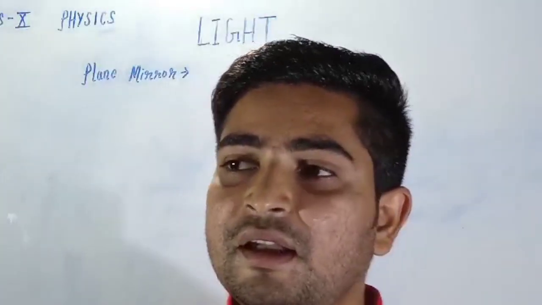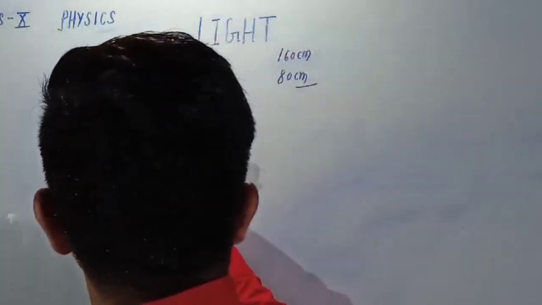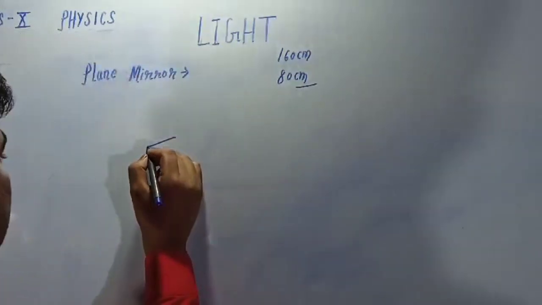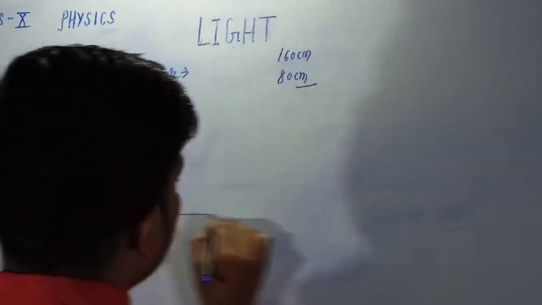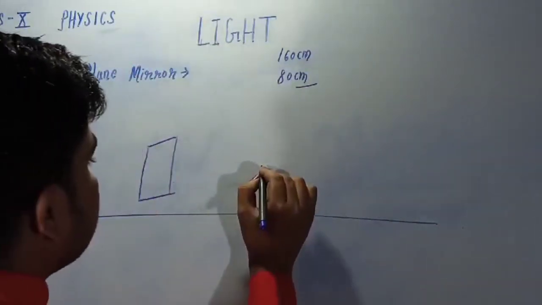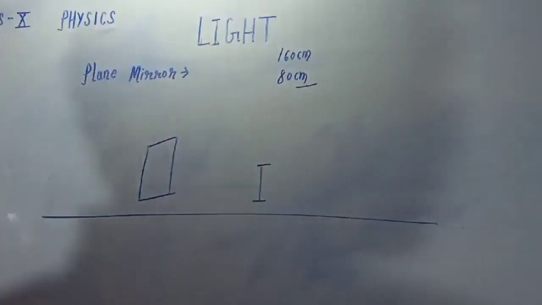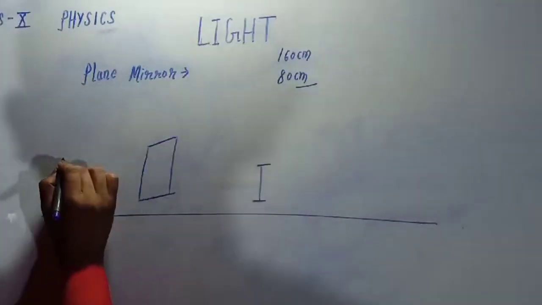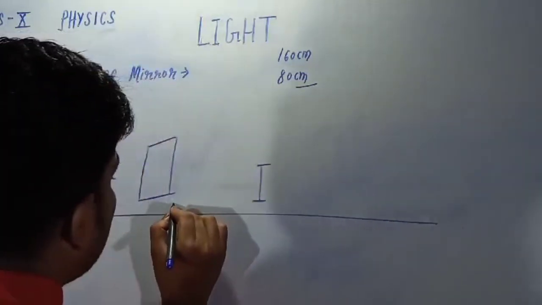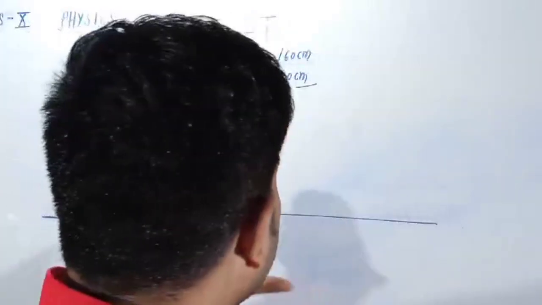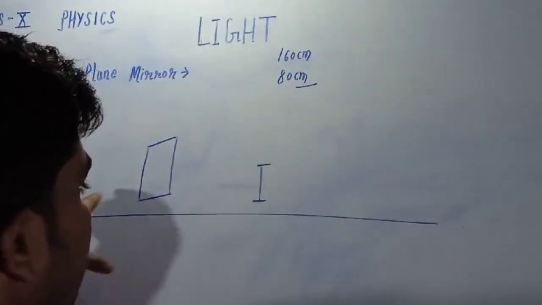And when we stand in front of any plane mirror, let us suppose this is the plane mirror, and we stand here in front of the plane mirror, the image will form behind the mirror, and the distance between the object and the mirror will be equal to the distance between the image and the mirror.